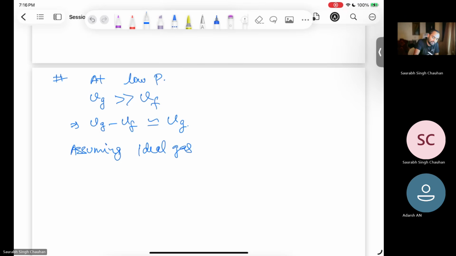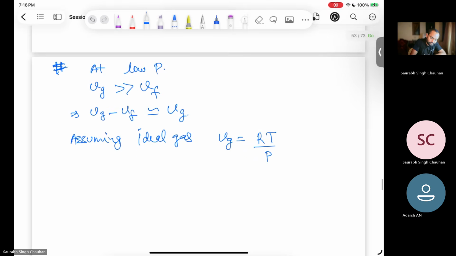So this is a special case, not in general. If you assume the ideal gas, then you can use the ideal gas equation, which means V is equal to RT by P. So this Vg minus Vf becomes RT by P.